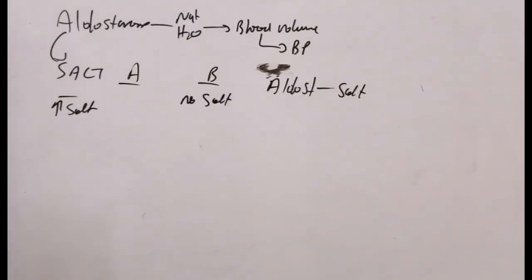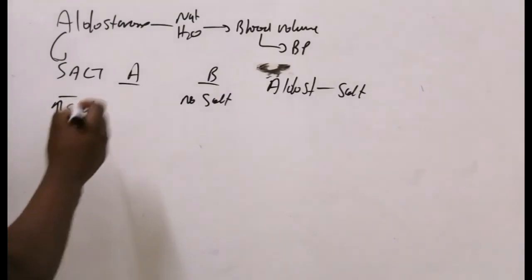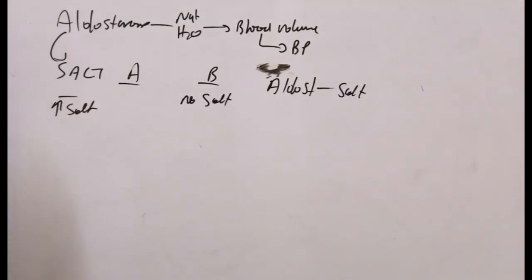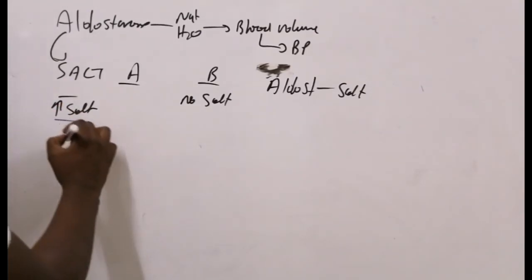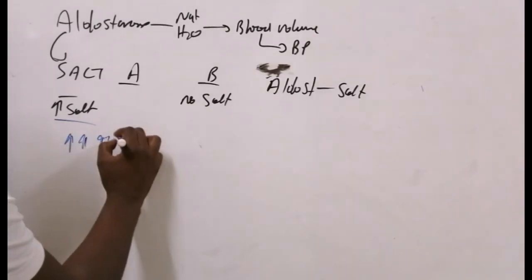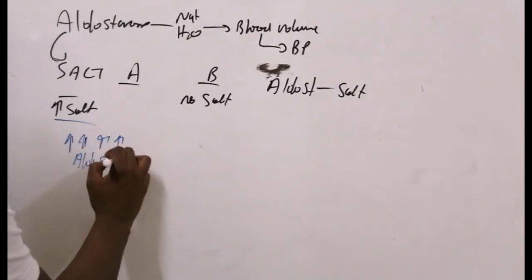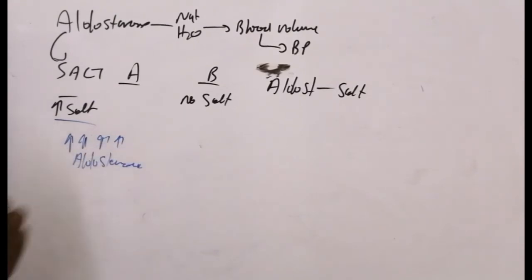Now they checked the aldosterone levels. What was found is that patients that were on a high salt diet had high levels of aldosterone. They had high levels of aldosterone, and their blood pressures were forever high.